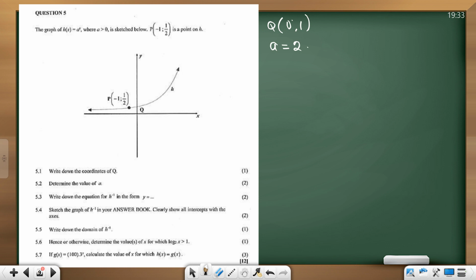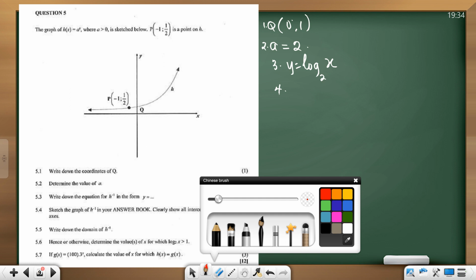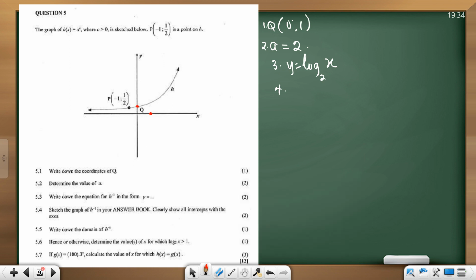Number three, inverse. Log. So we say y equals what? Log base 2 of x. Fine. Do we agree? Okay. Or sketch the graph. Again, I'm going to sketch the graph here. Since we have a 0 and 1, what do I need?